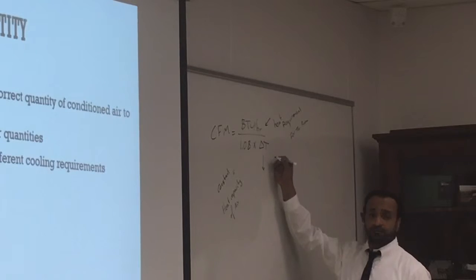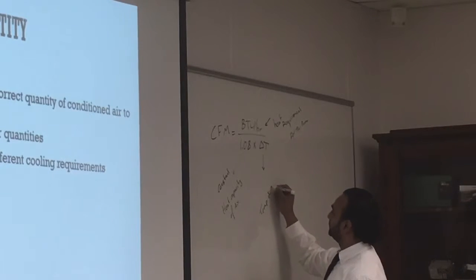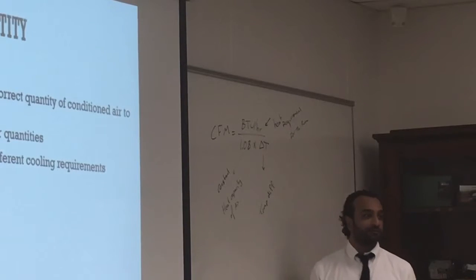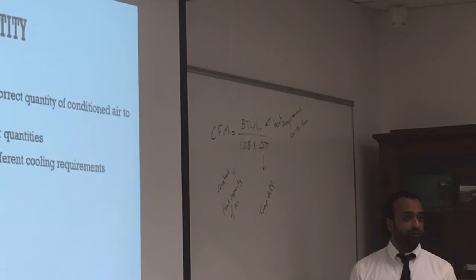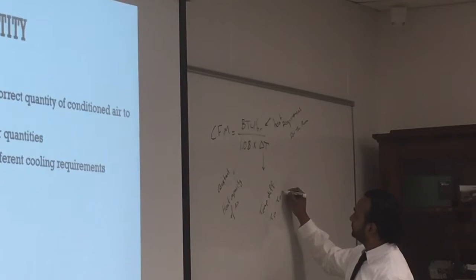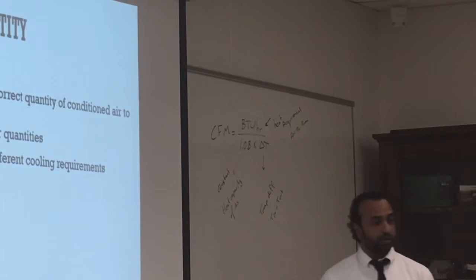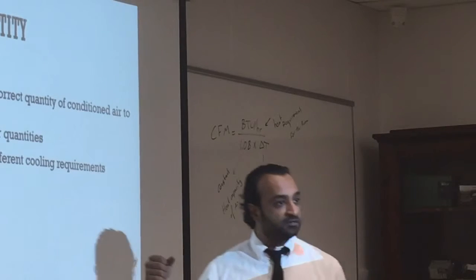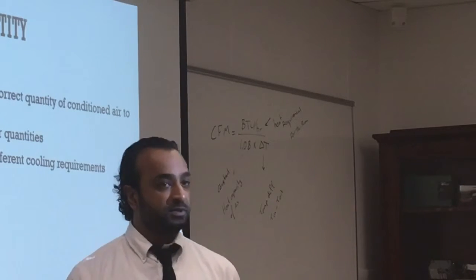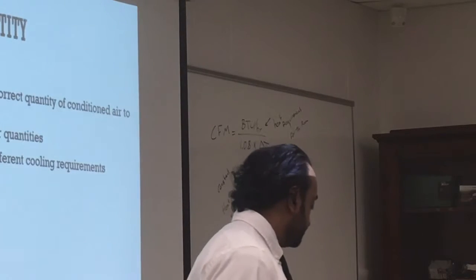Delta T is the temperature difference between the air in the room and the air in the furnace. So what am I pulling out? What is the temperature over there? 50 and 60. And the temperature coming in, 120, 110, and so on.